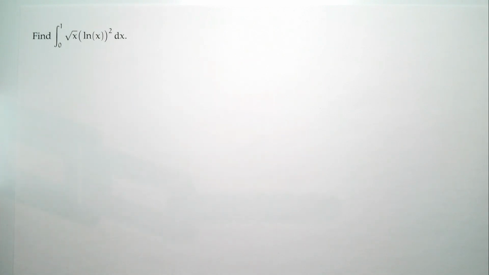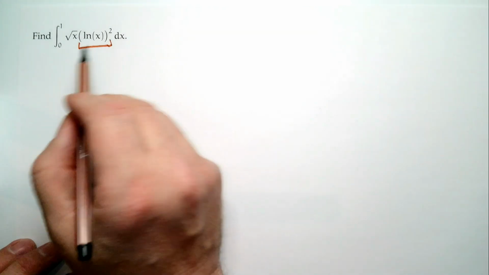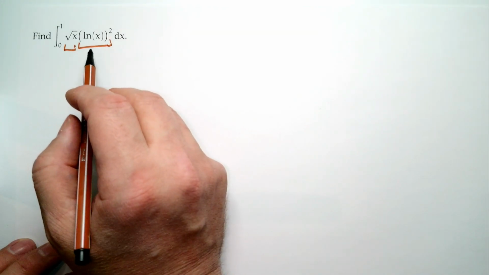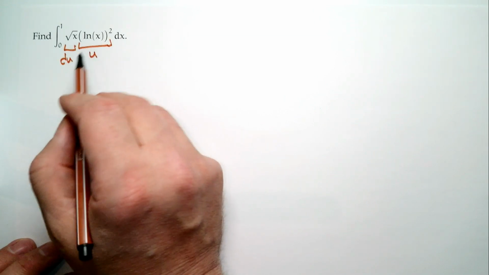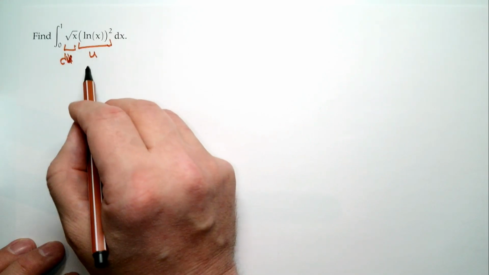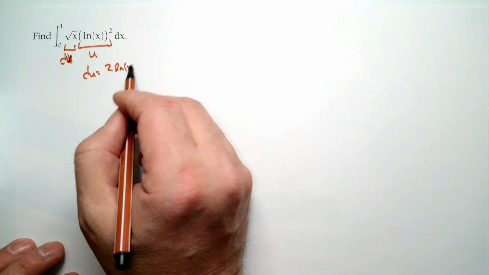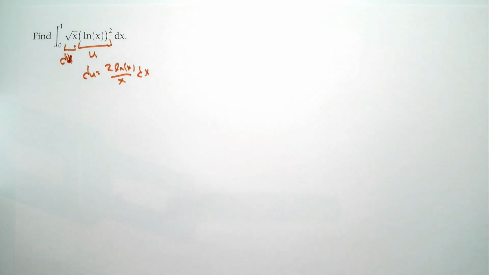So what does this become? Well, we have to say there's two parts, and here it's easy to see that there are two things multiplying. The part that you just don't want to integrate at all, that's the part we differentiate. So we make the log x squared our u, the square root of x our dv. du would be 2 natural log of x over x dx, because you use the chain rule to take that derivative.